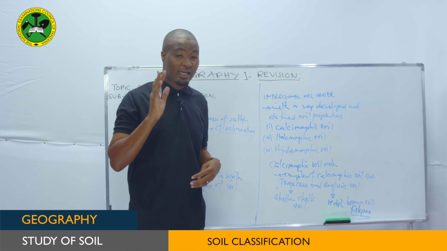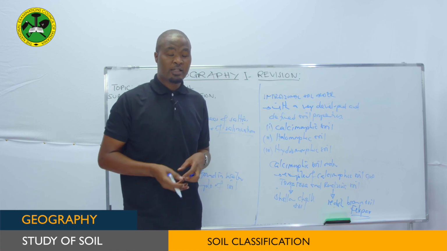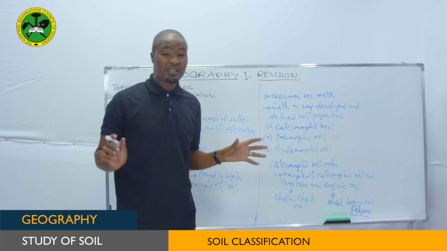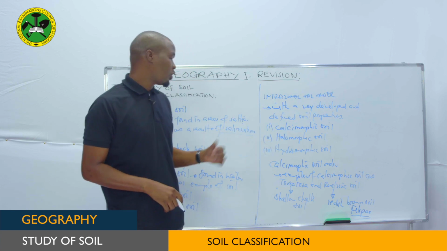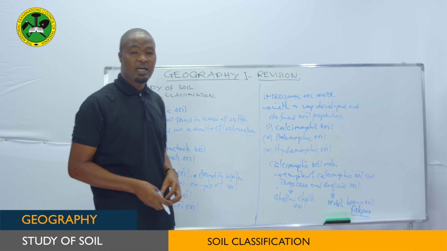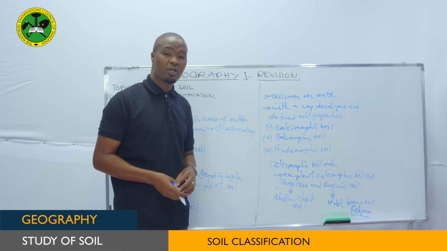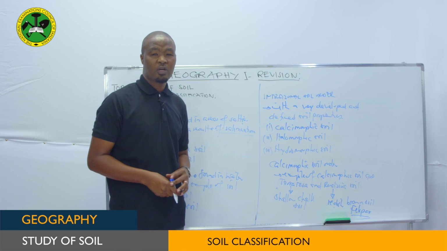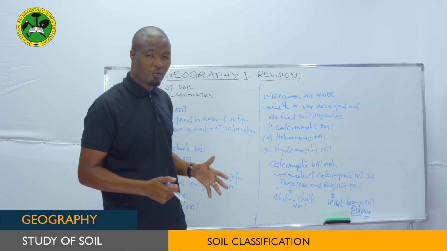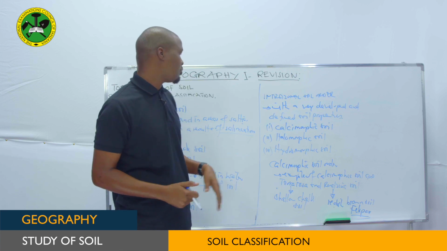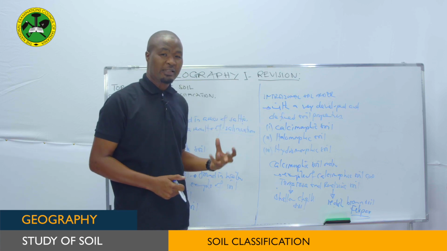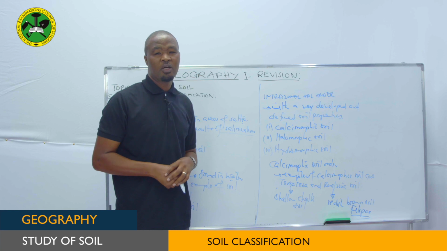It means it is a young soil. Are we together? It is a type of soil which does not pass through all the processes of soil formation, and we call it the azonal soil order. Examples of azonal soil order are volcanic soil and the type of soil found on steep slopes. Those are examples of azonal soil order, the immature soil order.